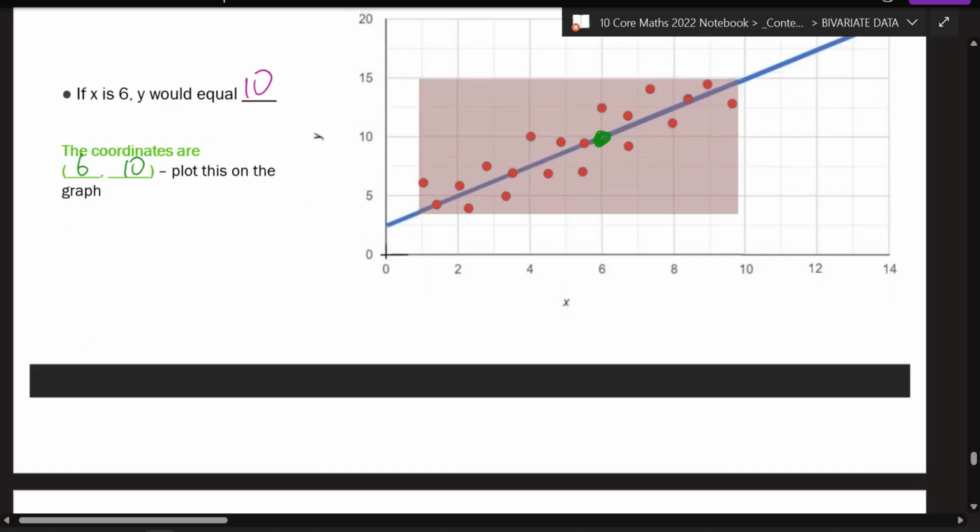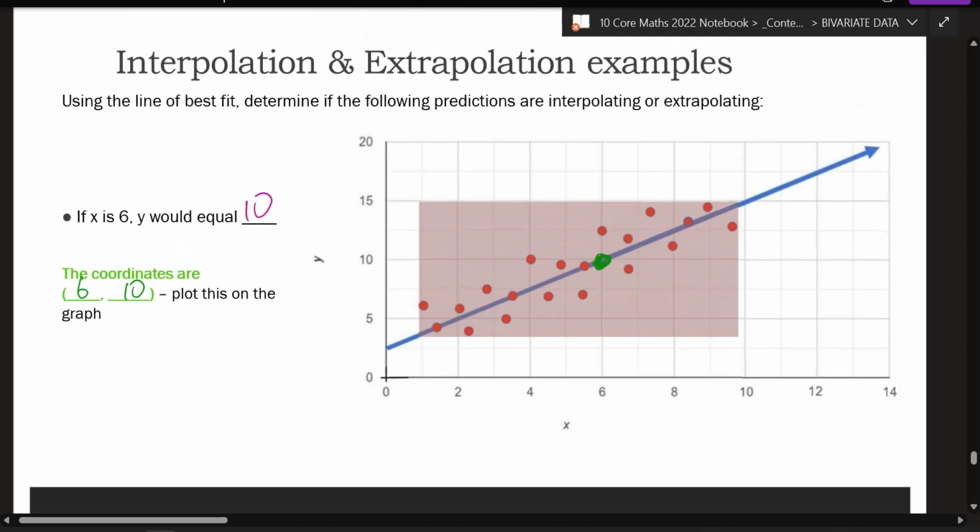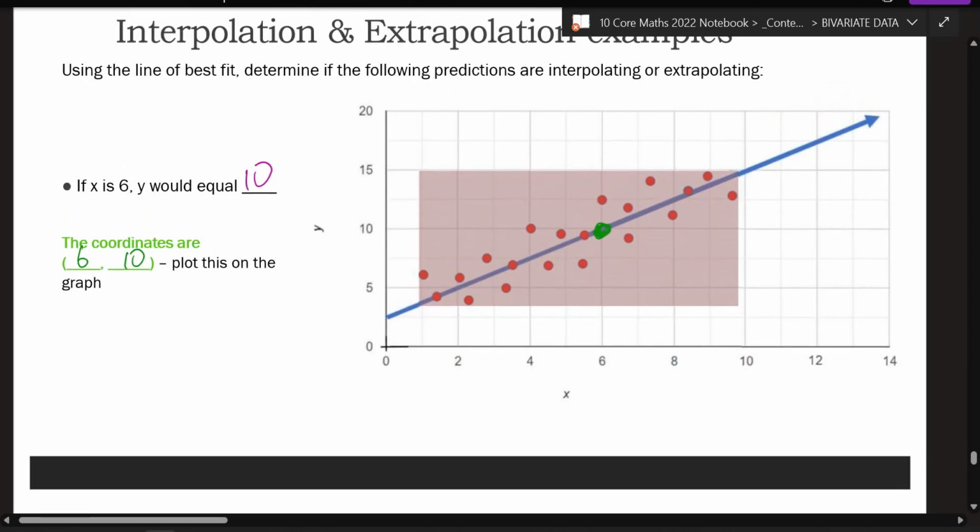Okay, and does it ask us, is it interpolation or is it extrapolation? Okay, good. So this is how you would write your answer. In year 11, this is what they want to see.